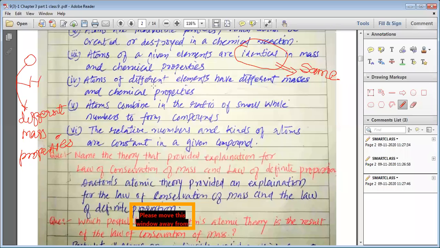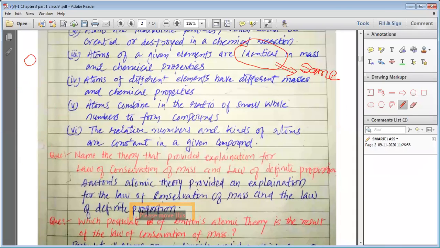So this is important, my dear students, that points number 3 and 4 tell us that atoms of the same element have the same mass and properties. Atoms of different elements have different mass and properties. That is what we can understand.